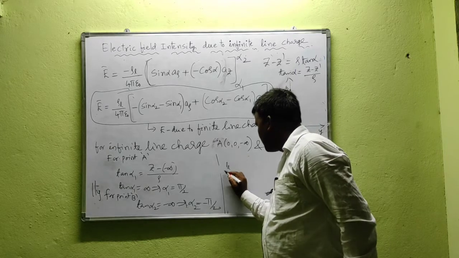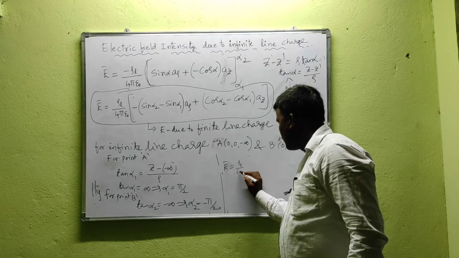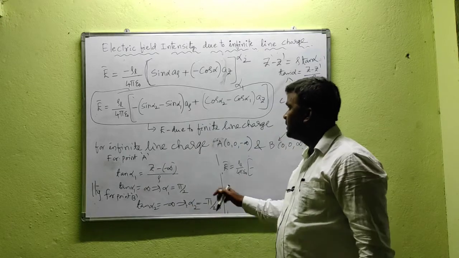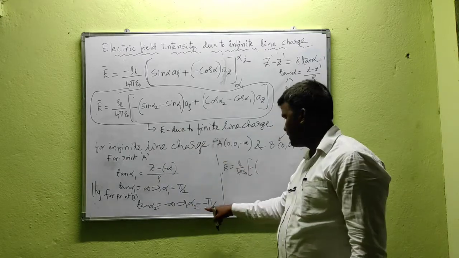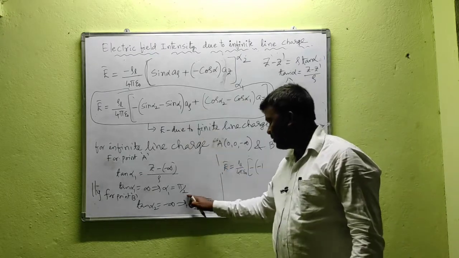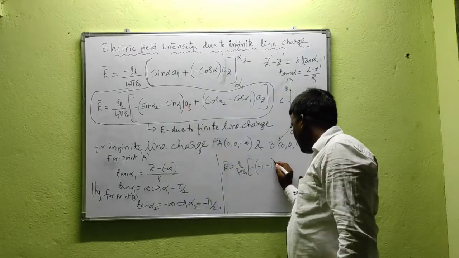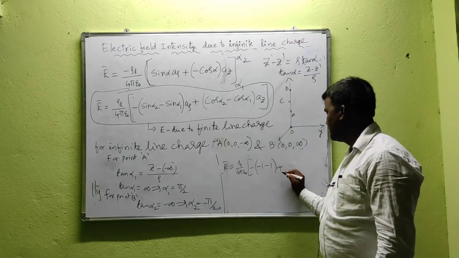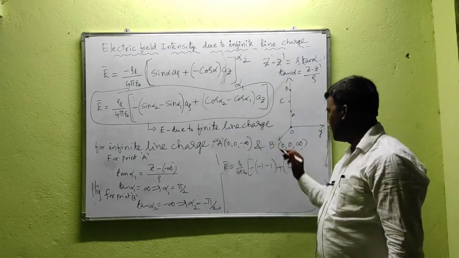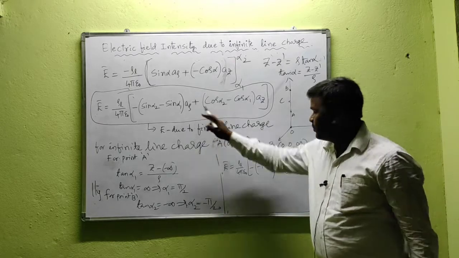Sin alpha 2 means sin of minus pi by 2, that is minus 1, minus sin alpha 1. Alpha 1 is pi by 2, sin pi by 2 gives 1, plus cos alpha 2. What is cos alpha 2? Cos of minus pi by 2 is 0, minus cos alpha 1, that is also 0, into Az. Here I forgot one thing: into a rho.